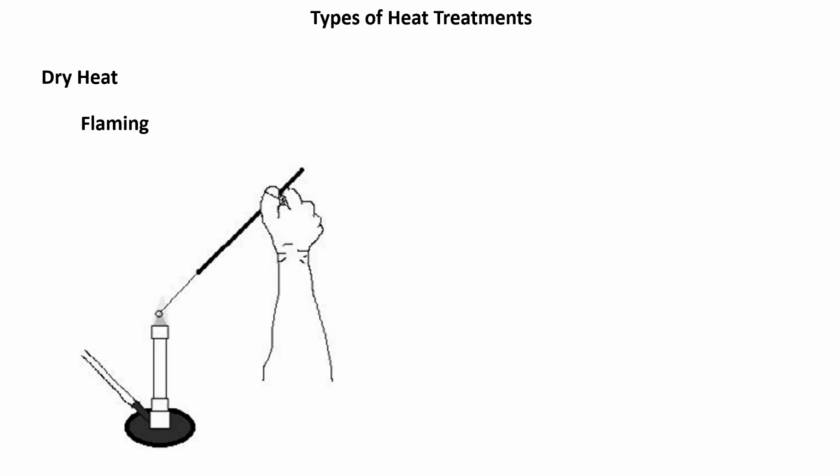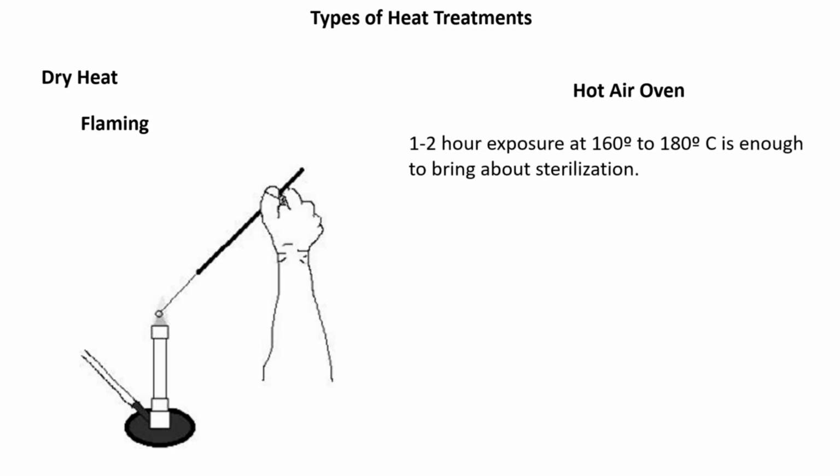The next method of dry heat is hot air oven. Dry heat is sometimes recommended for sterilization, where the moist heat can spoil the materials like oils, powders, etc. The apparatus used is a hot air oven and can be routinely used for sterilizing glasswares like petri plates, pipettes, etc. A 1 to 2 hour exposure at 160 to 180 degrees is enough to bring about sterilization.